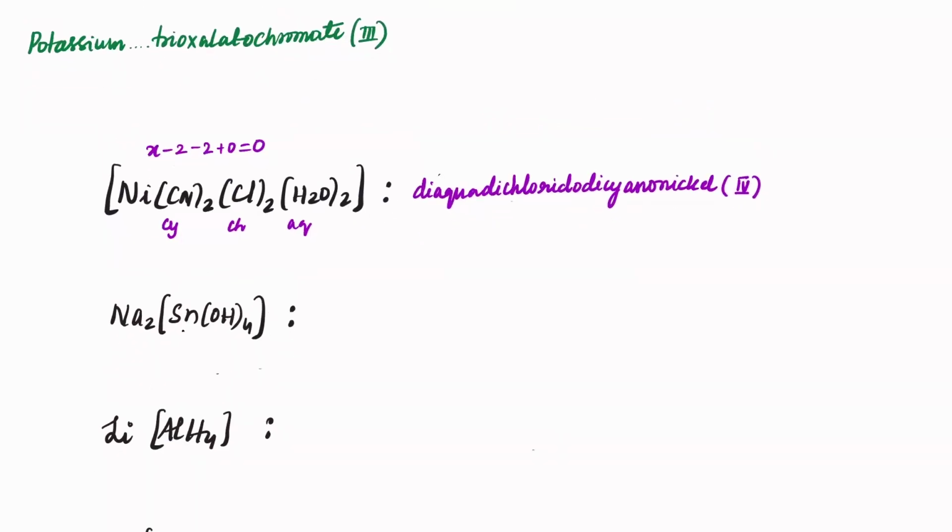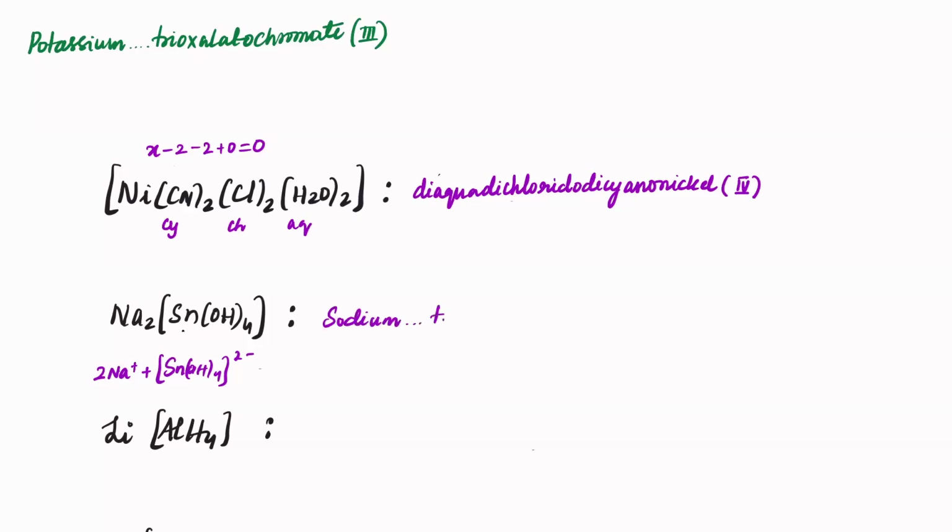If this complex splits into ions, it will become 2Na+ and Sn(OH)4 2-. So it is an anionic complex, and we have sodium. First, we have to write sodium, which is the cationic part, then space.